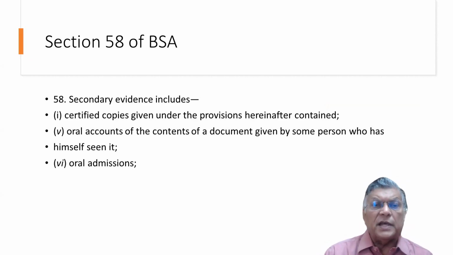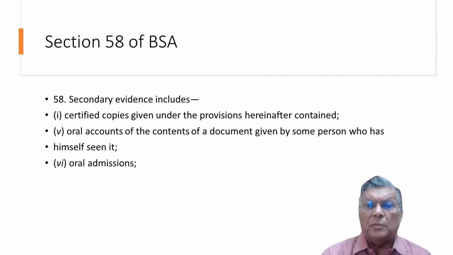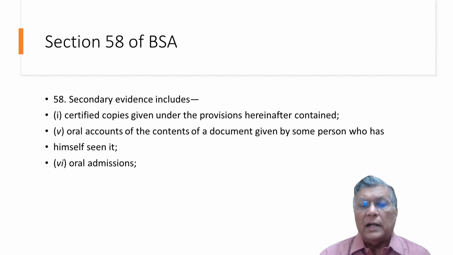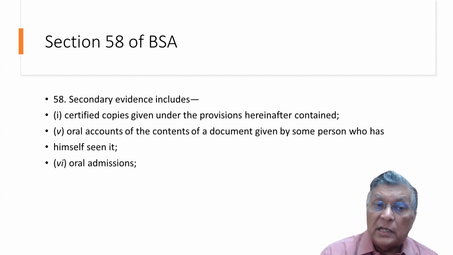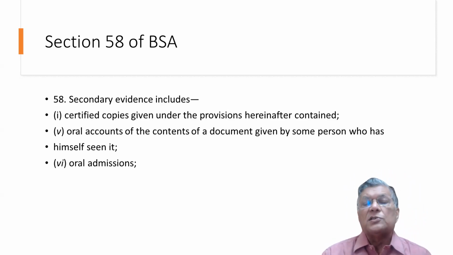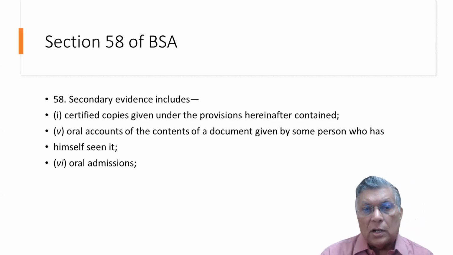Now, it also says under Section 58, oral accounts of the contents of the document given by some person who has himself seen it is also a secondary evidence. And then oral admissions are also secondary evidence. So secondary evidence includes certified copies and oral accounts of the content of a document.